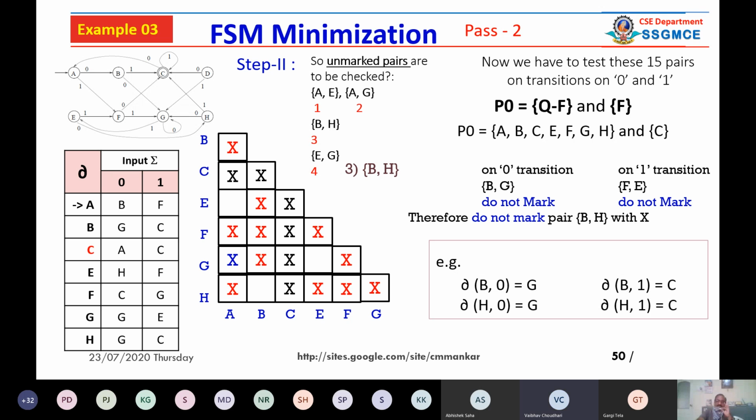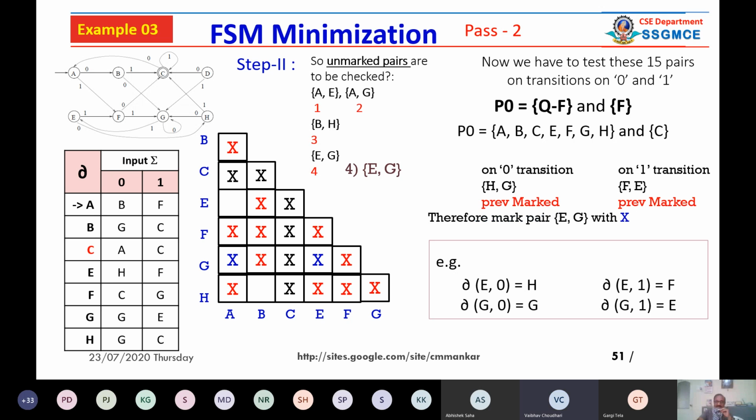Anyway, just the previous logic, that BG is on left side and FE is on left side. Let us not mark it. And this is pair number 3. Let us go for the last pair, that is EG.